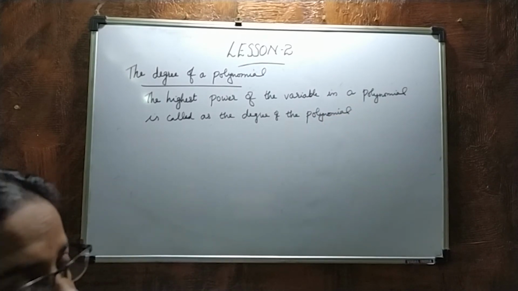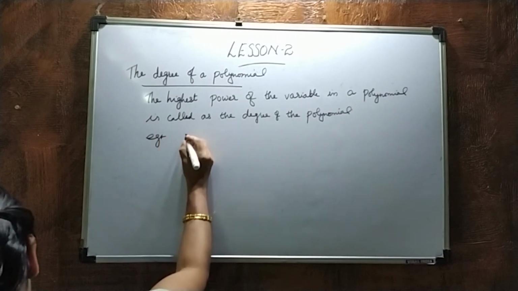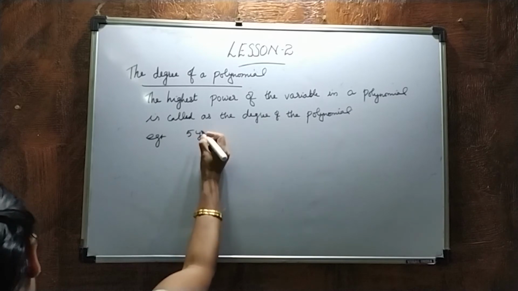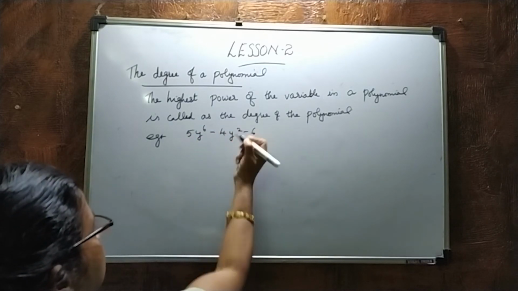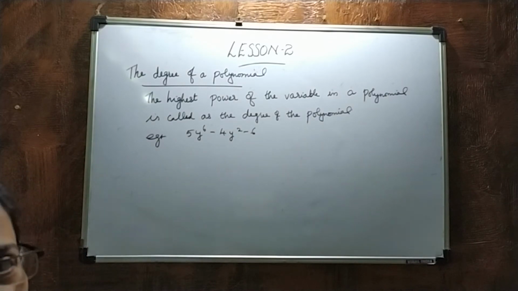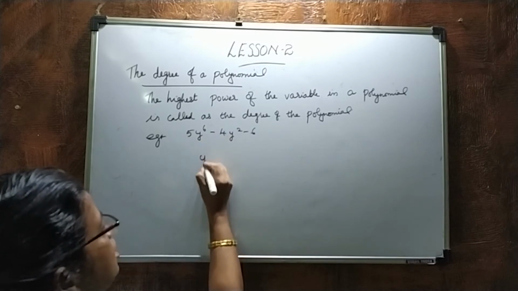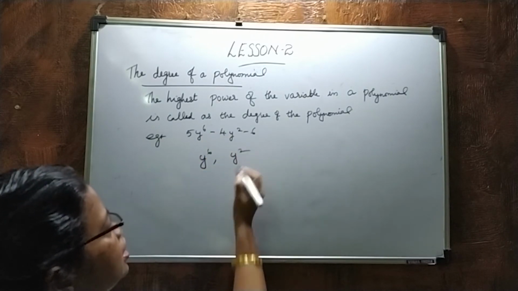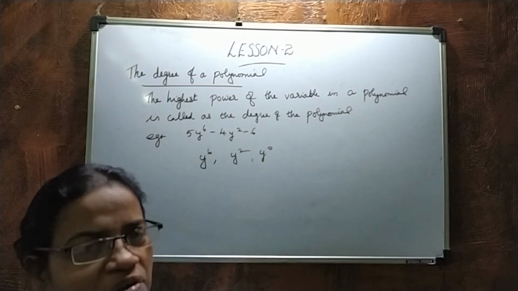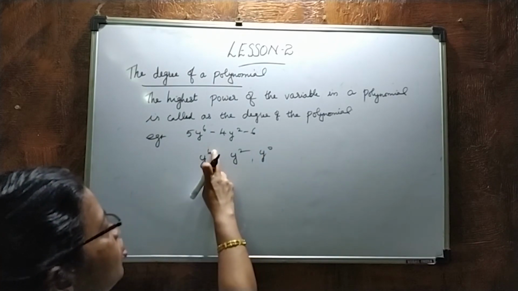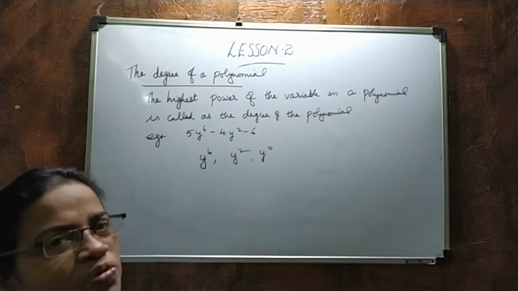For example, suppose 5y raised to 6 minus 4y square minus 6 is there. Just look, which is the highest power? Here y raised to 6 is there, here y square, here y raised to 0. Which has the highest power? Here 6 has the highest power. Here only 2, here 0. So what can we say then?